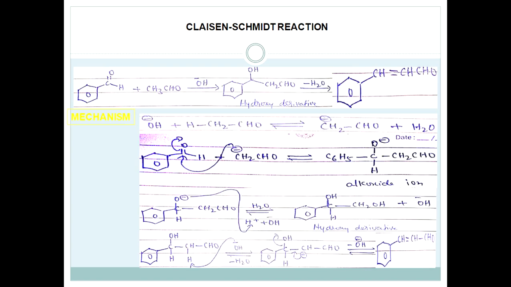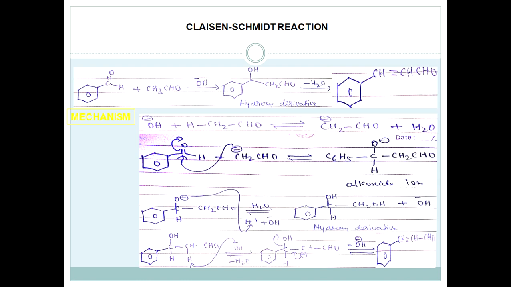So let us know the Claisen-Schmidt condensation reaction. In a Claisen-Schmidt condensation reaction, there is the condensation of an aromatic aldehyde without alpha hydrogen with an aliphatic aldehyde or ketone having alpha hydrogen, in the presence of a strong base, that may be hydroxide or alkoxide.